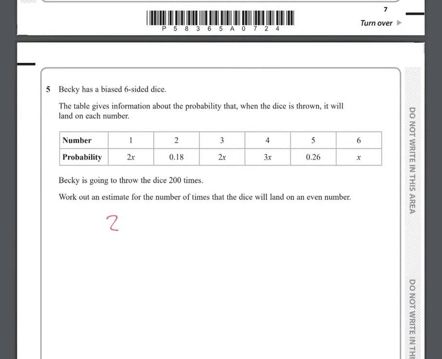Well, we know that 2x and another 2x and a 3x and an x has got to make it add up to 1. So 1 minus 0.18 minus 0.26.